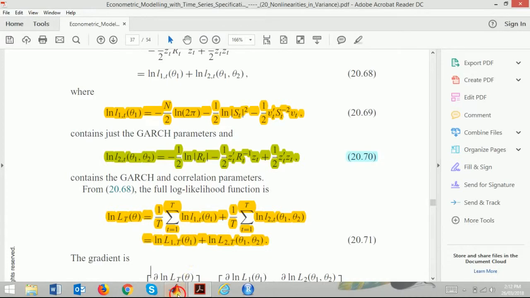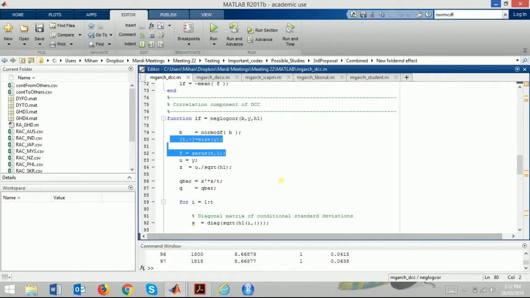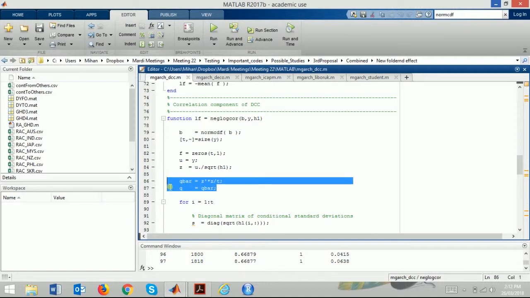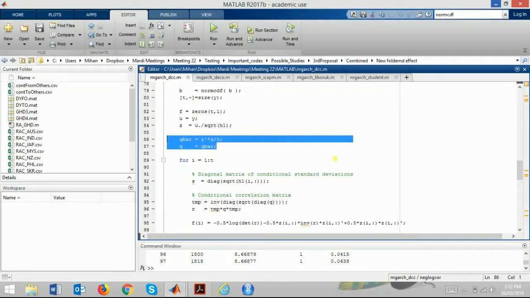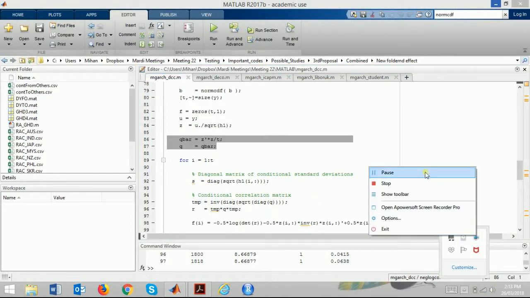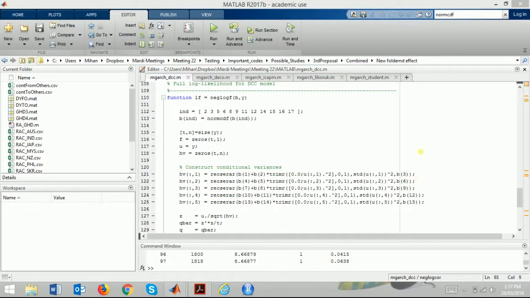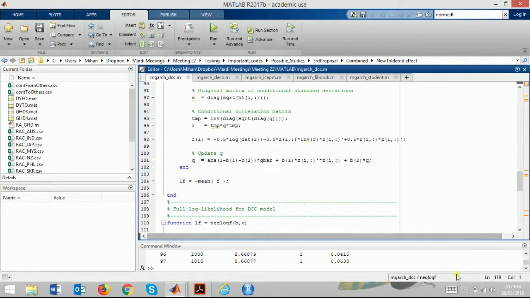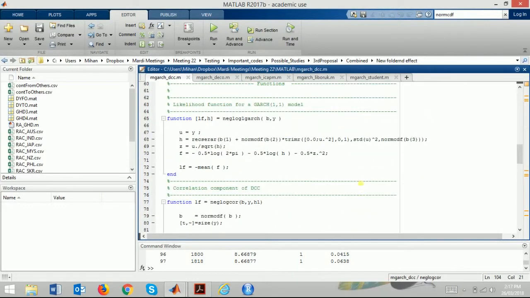So z is equal to this, then q bar is, as we have learned before, and S is diagonal. Now this shouldn't be that difficult. Basically this is the part we need to memorize.